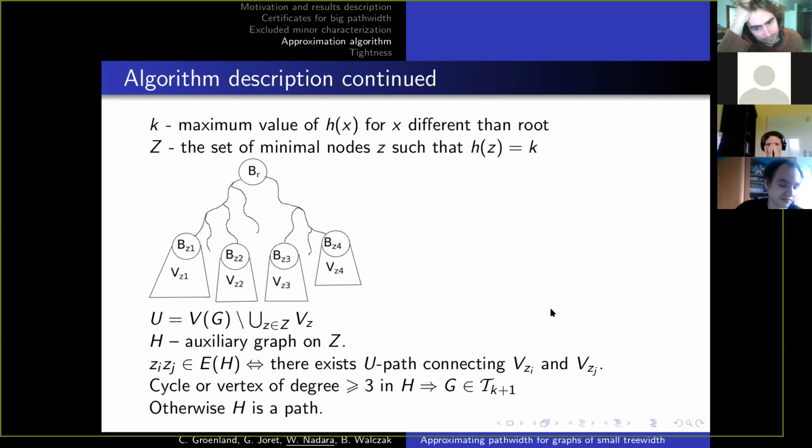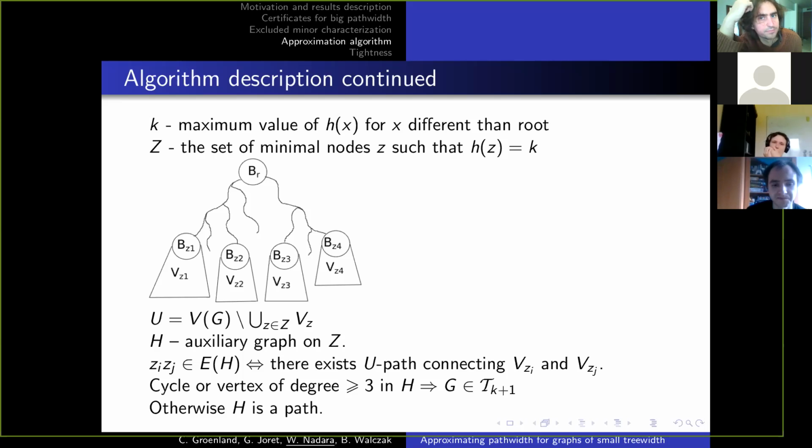A U path is a path with its internal vertices within U. That condition basically means that we are able to connect the big subgraph corresponding to Zi and the big subgraph corresponding to Zj with a path that avoids other big subgraphs.